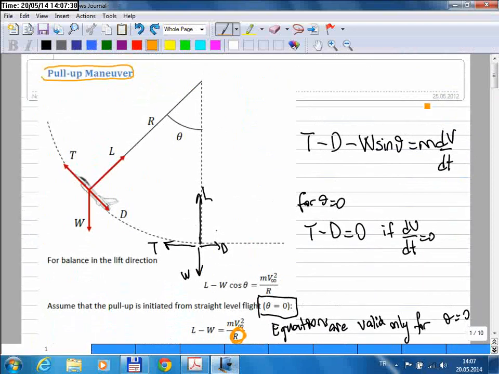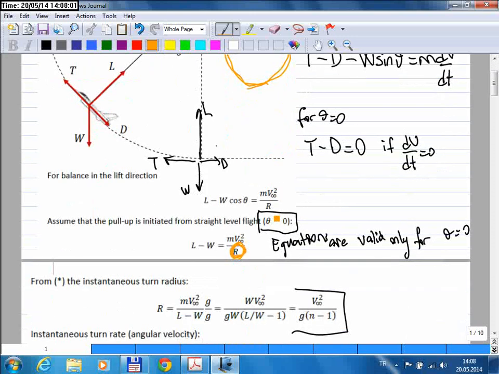If a pilot wants to perform a perfectly circular loop like that, so the aircraft performs a perfectly circular path in the vertical plane, then the pilot has to constantly change the controls, the elevator and the throttle, according to these relations.